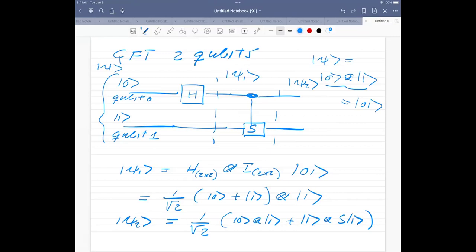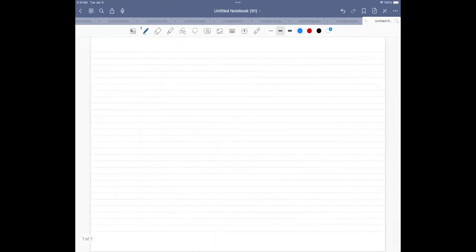And if I now write this out, since this S matrix, when I'm looking up the Fourier transform, is just going to be this matrix here of e to the i pi divided by 2 times 1. And the thing which is interesting here is that the state 1, so sorry, this is not that one, I was a little bit too quick here.